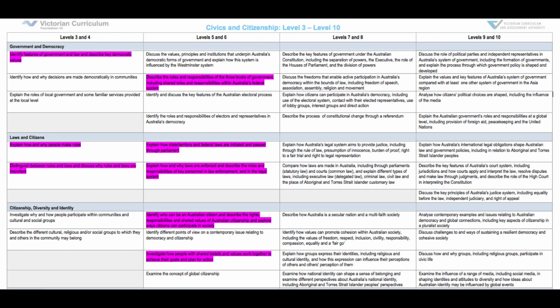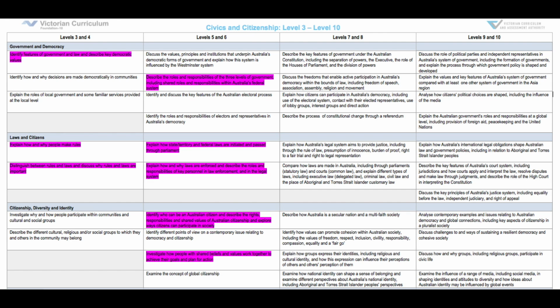Article 4 and our installation about slavery also marry well with the civics and citizenship domain of the Victorian curriculum. In Levels 3 and 4, students are required to identify features of government and law, explain how and why people make rules, and discuss why rules and laws are important.